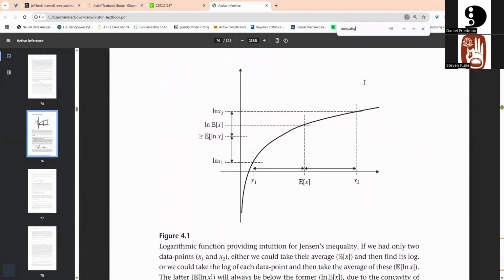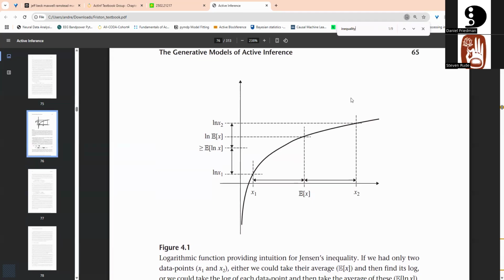And it has properties that are important for statistics, mapping between the 0 to 1 interval. So there's a ton of reasons why logs are used in statistics in general. All of those are in play. And then the preferences are a distribution over observations, and they can express the strength and the direction of preferences.